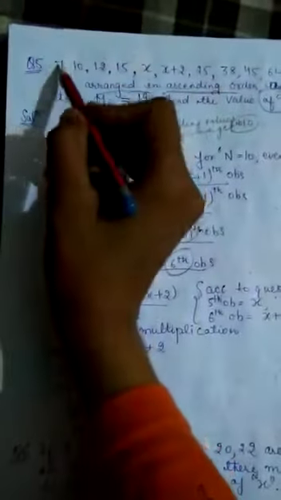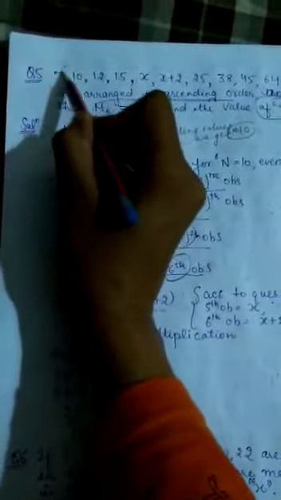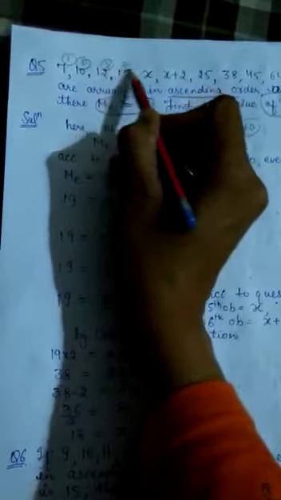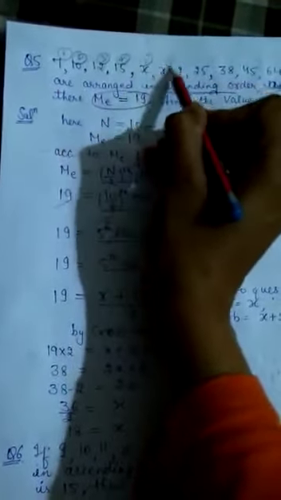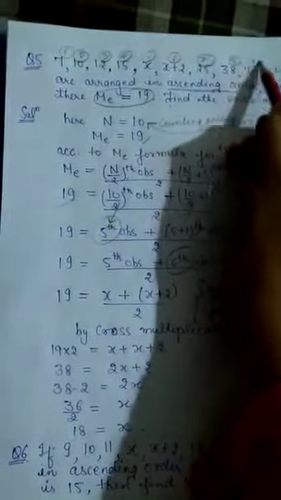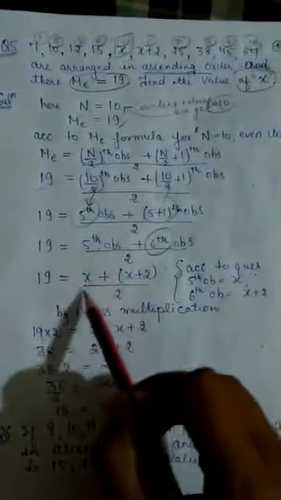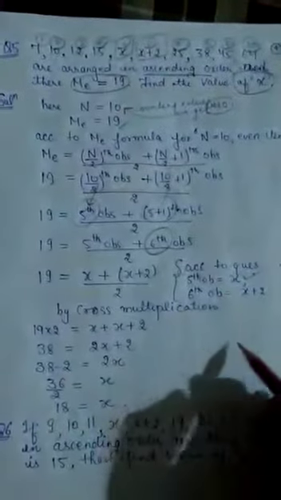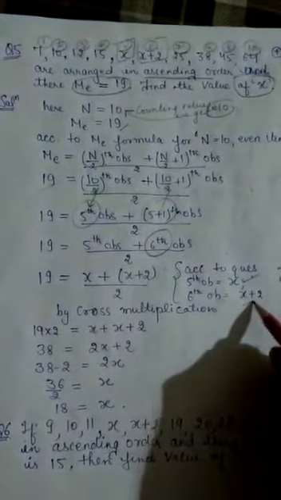We can give the numbering also here: first, second, third, fourth, fifth, sixth, seventh, eighth, ninth and 10th. So which one is 5th? This is 5th. 5th is your x, told here also. 6th is your x plus 2, mentioned here also.